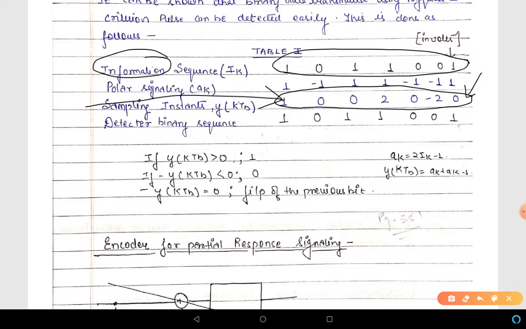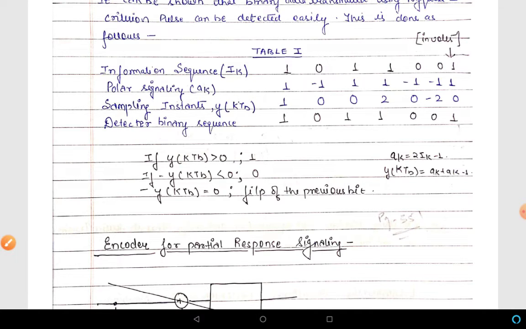For that we have to decide a particular rule, which is called a decision rule. So now we have to see what the decision rule can be, so that we get sequence 1 from sample values 2, and this is what is shown here.